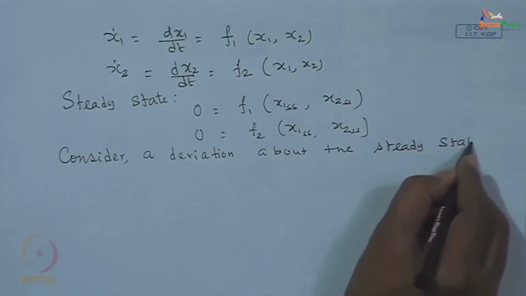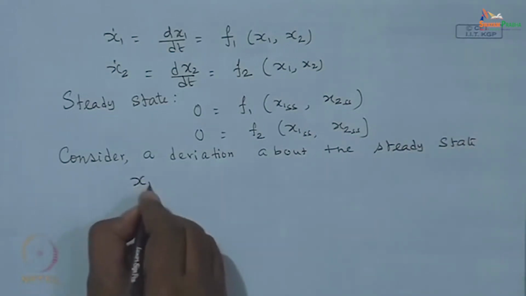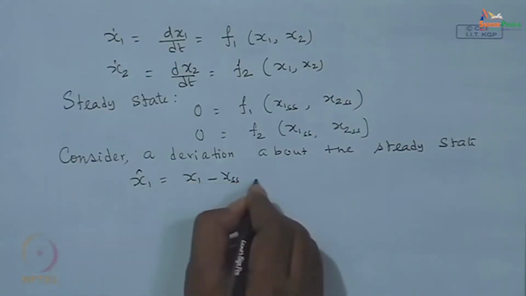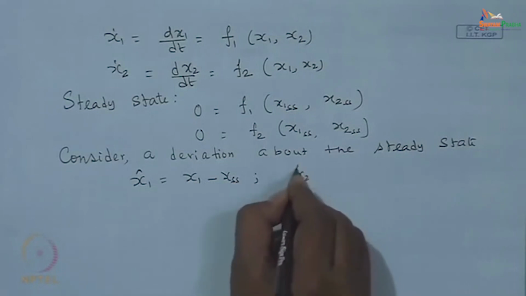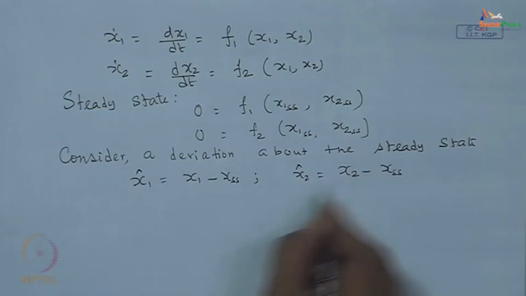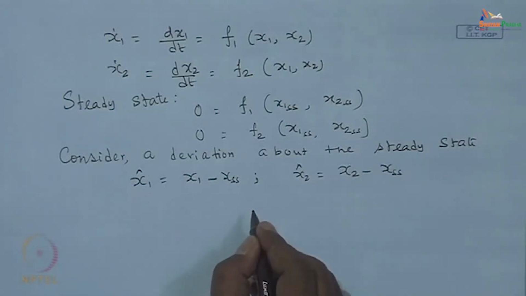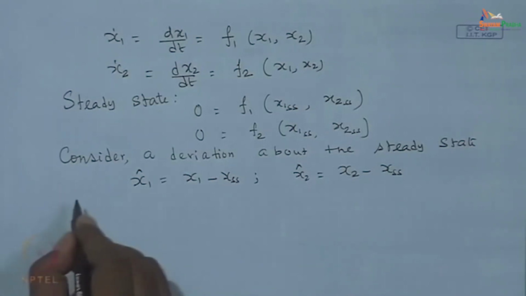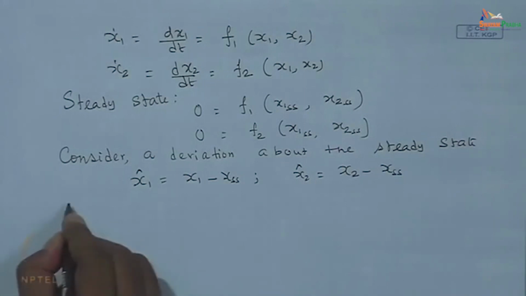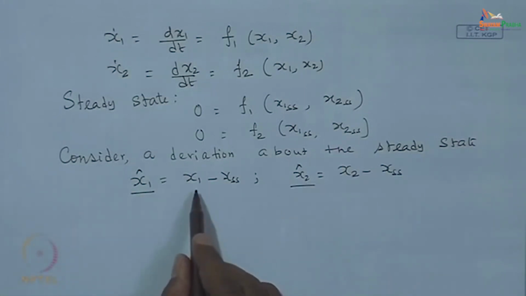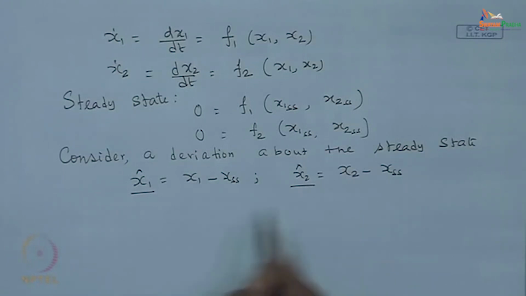These deviations are x1 hat, which is x1 minus x1ss, and x2 hat, which is x2 minus x2ss. Now, we are going to look at the dynamics of the deviation variables. These are called deviation variables of the two independent variables x1 and x2.